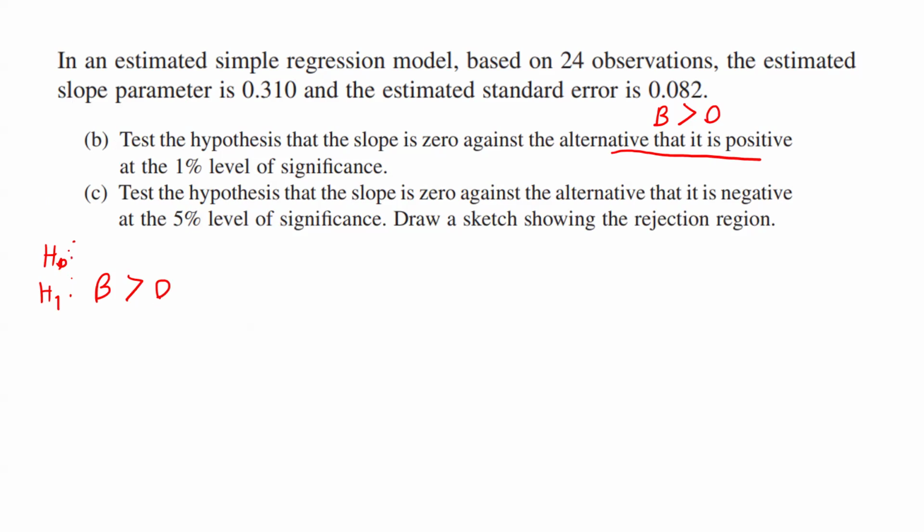For H naught, you can apply beta equal zero because the question says so, or the typical way, when you write down H naught, you have to pair it with H1. So beta equal or less than zero.